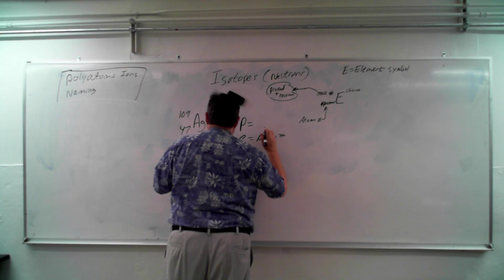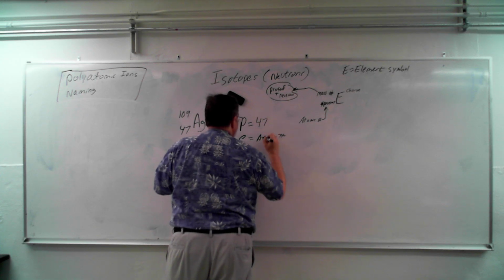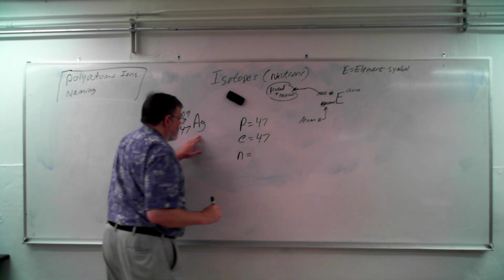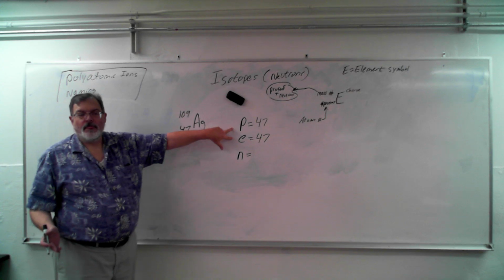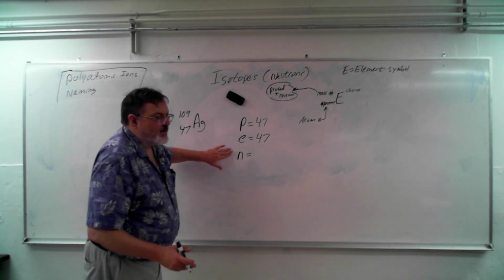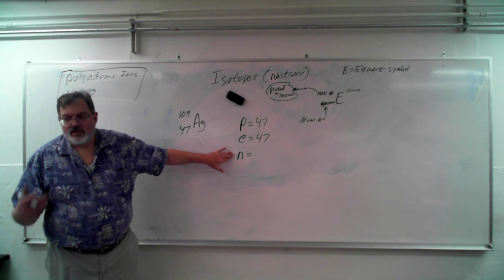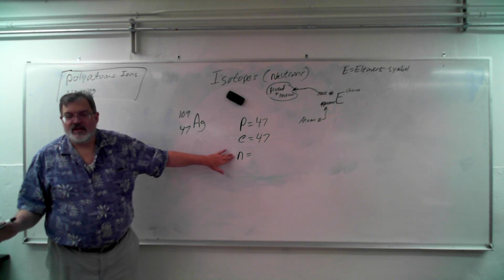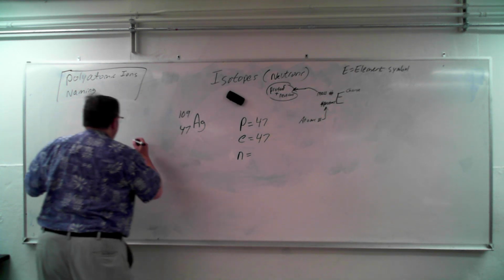I'll do Ag. This is silver. If you have 47 protons and 47 electrons, the other day you would have told me that's a neutral atom, right? But I didn't talk about neutrons at all last time because I wanted to save isotopes for one specific day so we could cover it and then get past it.